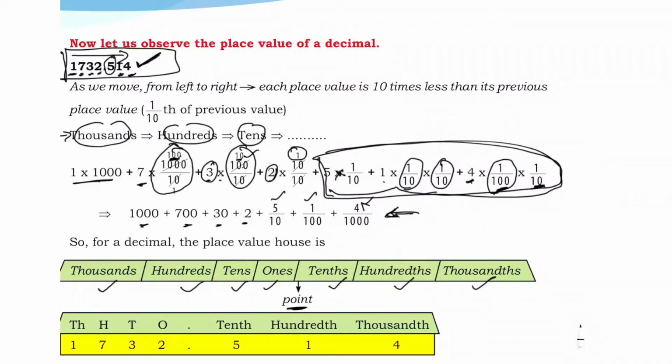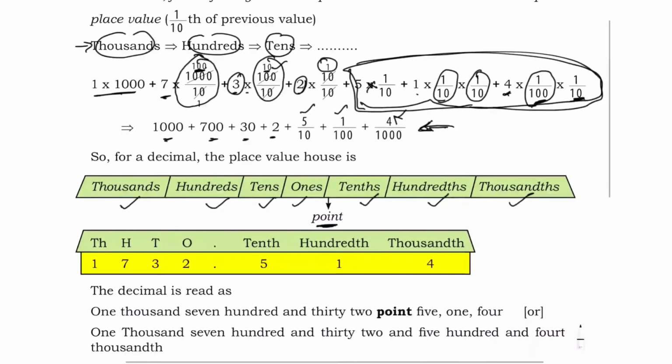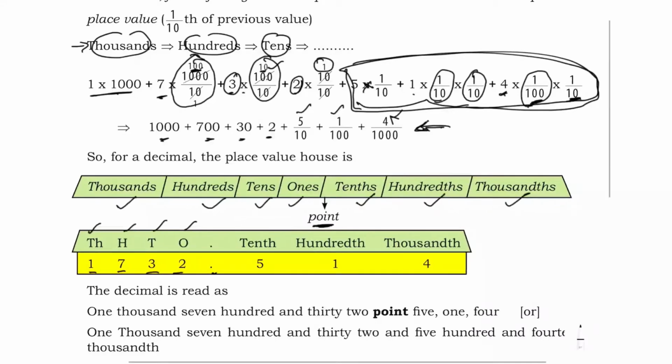So the above number, if you have to put it in its place value house, this is how it will look. You can put the corresponding digits in their place values. You have 1732 point, and then the decimal part, tenths, hundredths, thousandths, you can write it as 514.